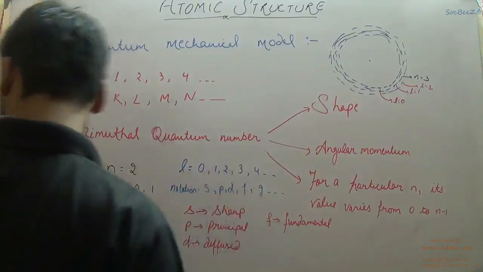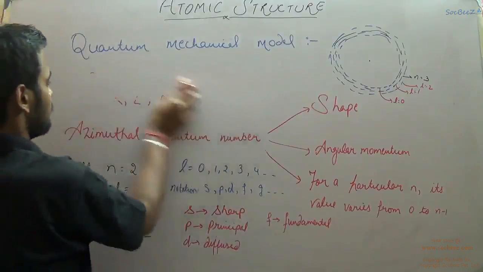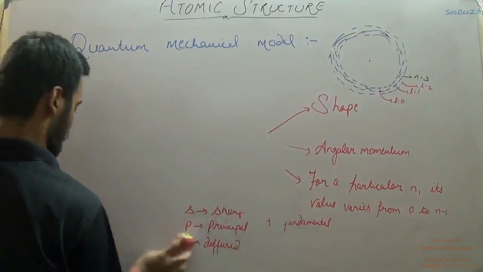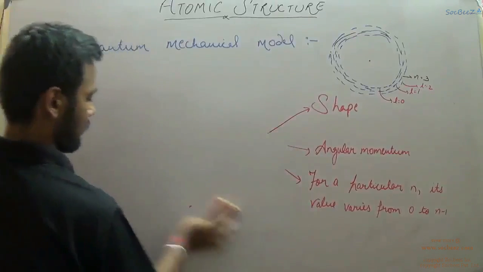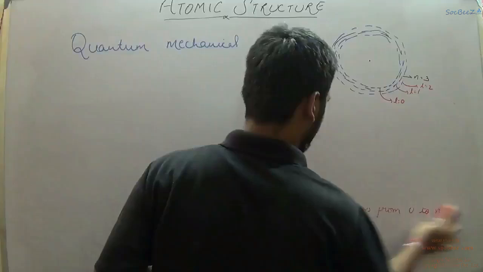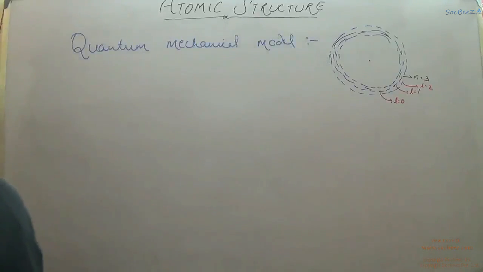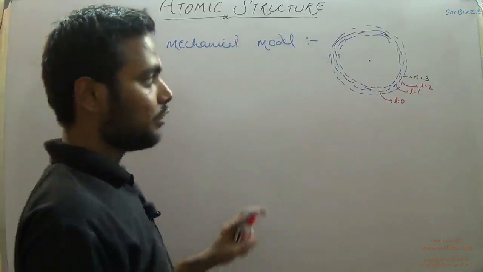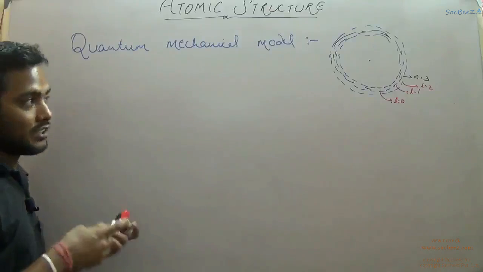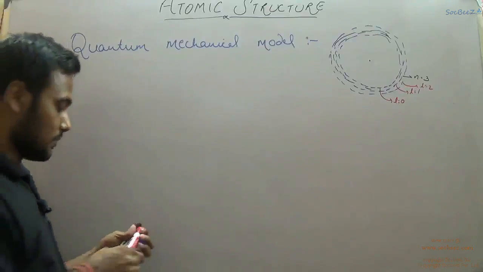First, let's discuss another two quantum numbers. The main quantum numbers that needed to be discussed were these that we have discussed. Now, let's discuss what an orbital is, and that is given by the magnetic quantum number.